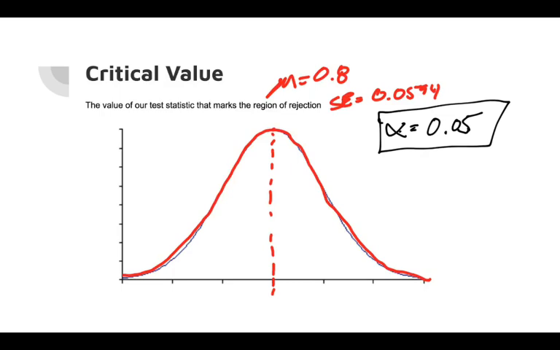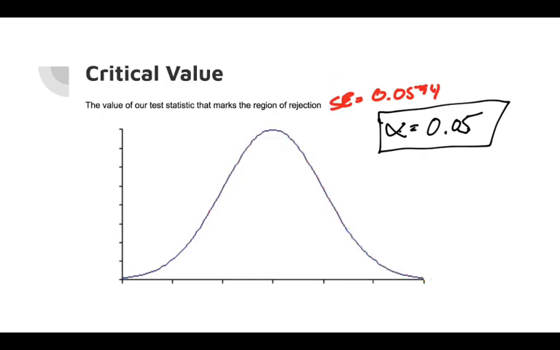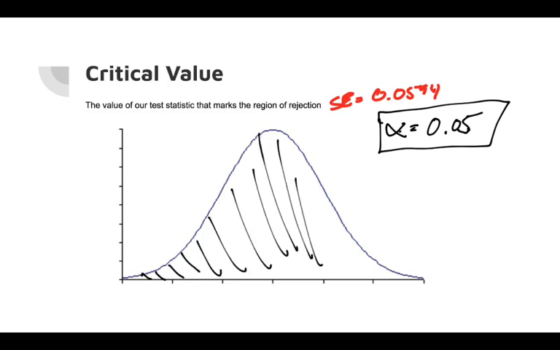We find that by looking at the distribution. In terms of the distribution, we know that this whole area underneath the curve represents 100%.